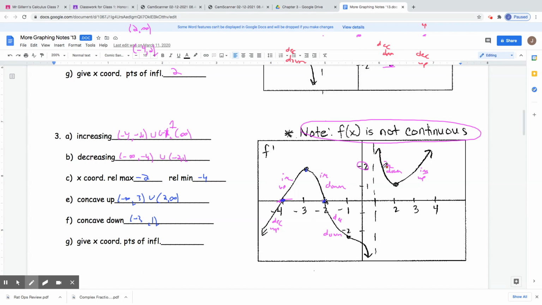Now, it does continue to be concave down until 2, but the function is not continuous, which means the asymptote is on the original. The original also has an asymptote, so I have to break this up and put from 1 to 2. And then points of inflection, peaks and valleys, here and here. So at -3 and +2, we have points of inflection.